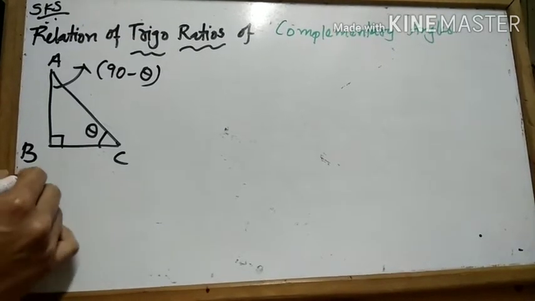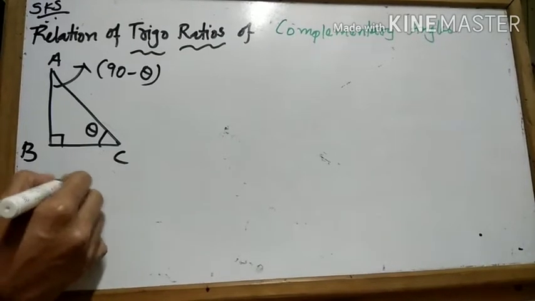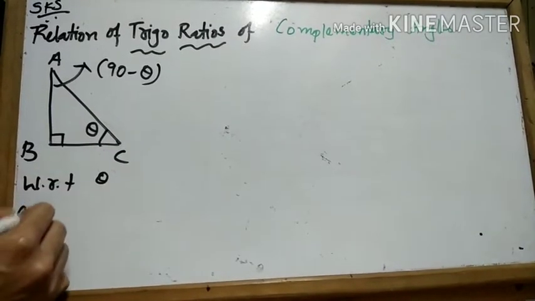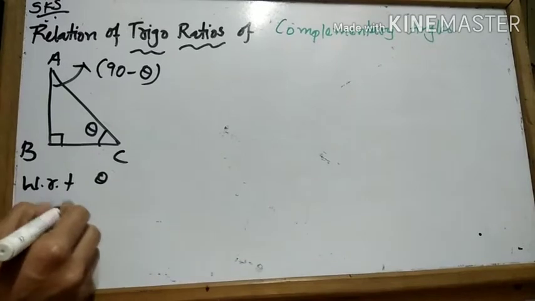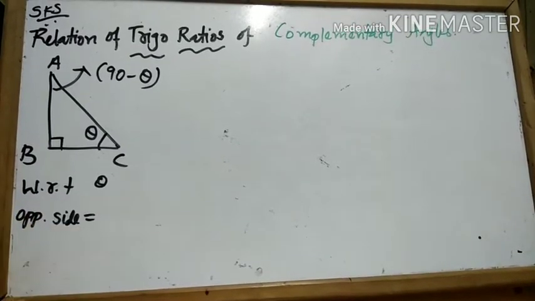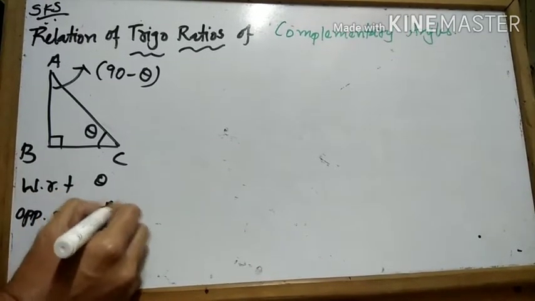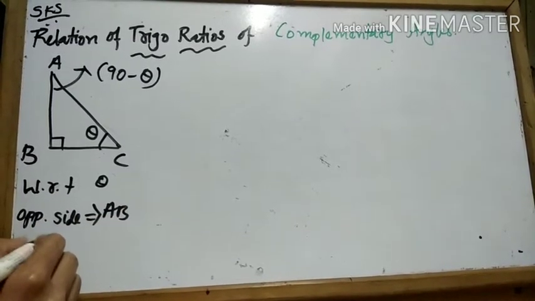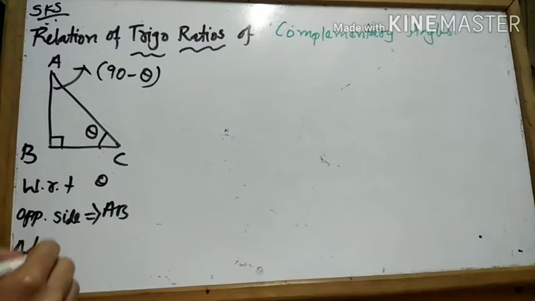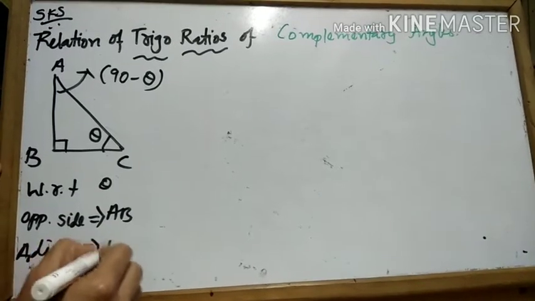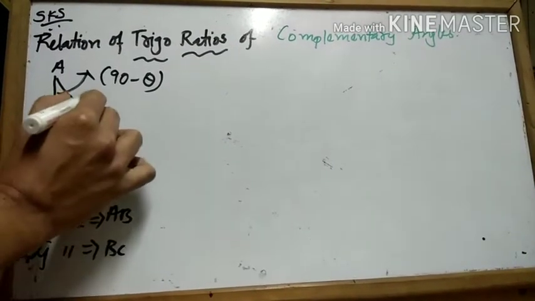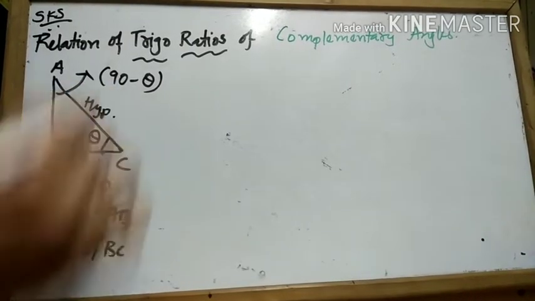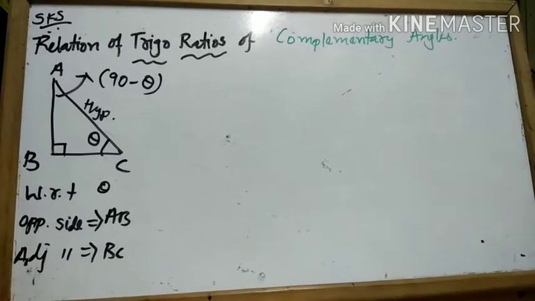Now, with respect to theta, the opposite side is AB, and the adjacent side is BC. And what is the hypotenuse? Of course, there is only one right angle triangle, so AC will be the hypotenuse.